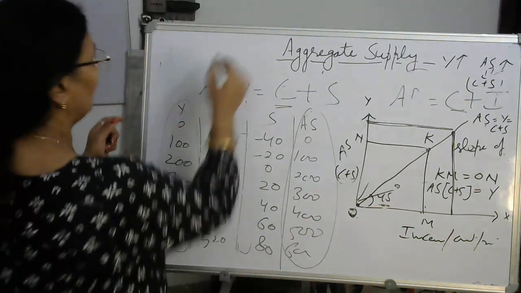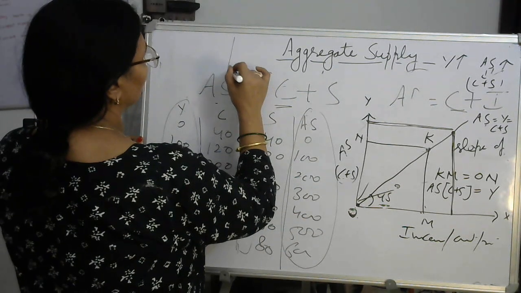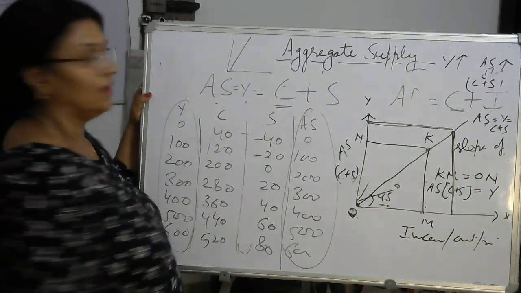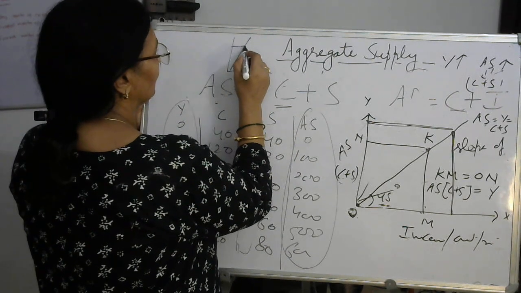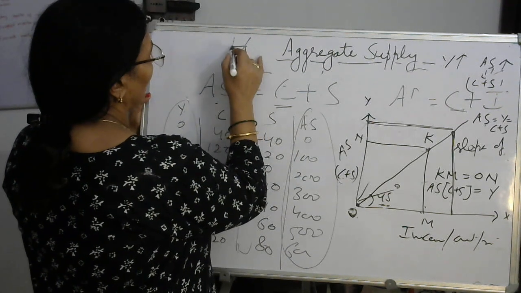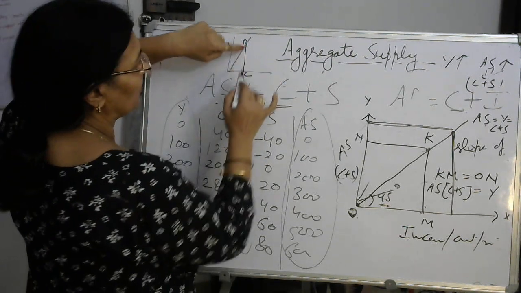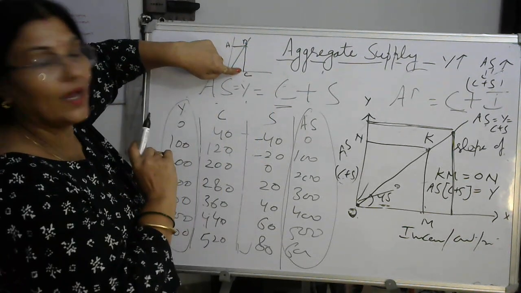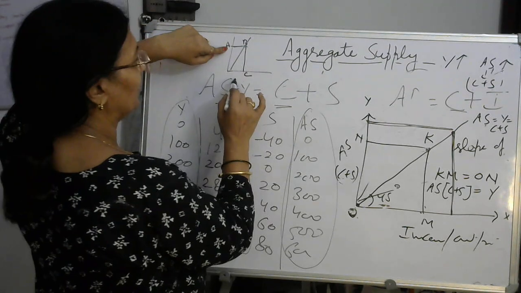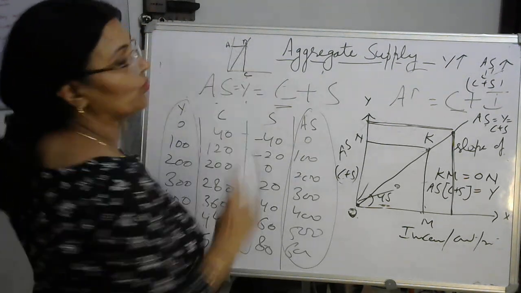If I draw an AS here, which is like this, okay? So you can see this is A, B and C. AB is not equal to BC, right? Why? Because AB is what? Income, and CB is what?